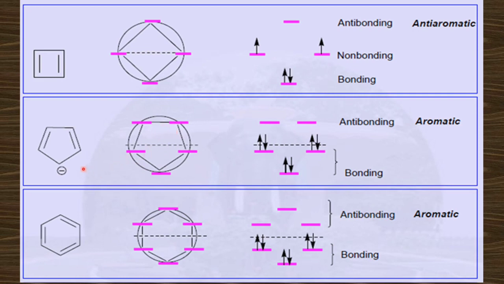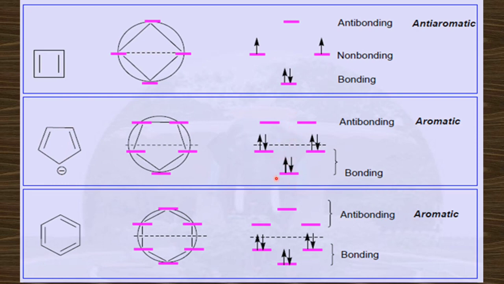Now in cyclopentadienyl anion, there are 2 pi bonds with 4 electrons, and this carbanion is having a p orbital with a pair of electrons. So 2 electrons are here. So totally there are 6 electrons, and all these 6 electrons have to be distributed in these molecular orbitals now.